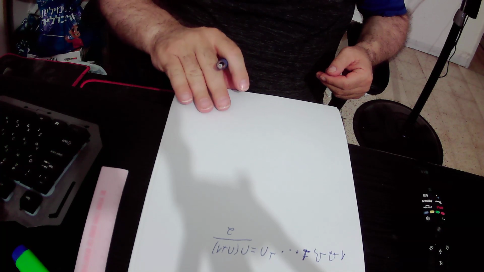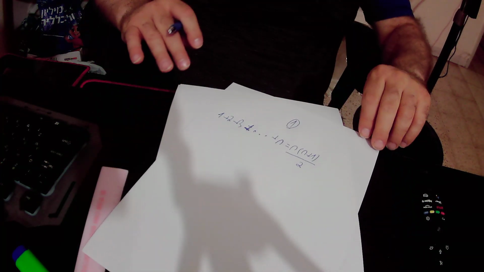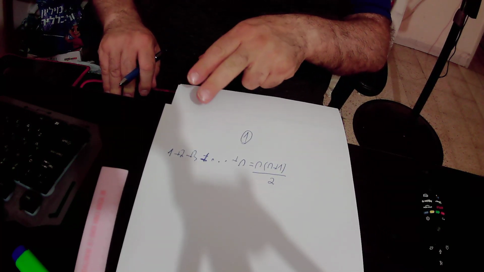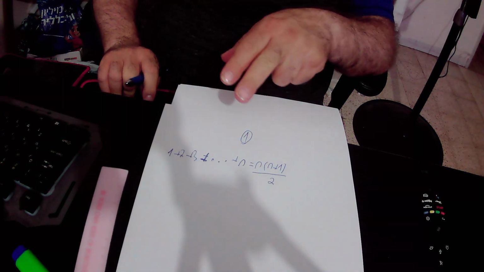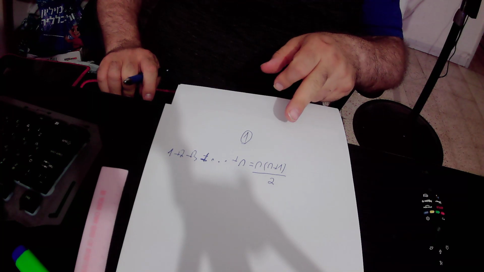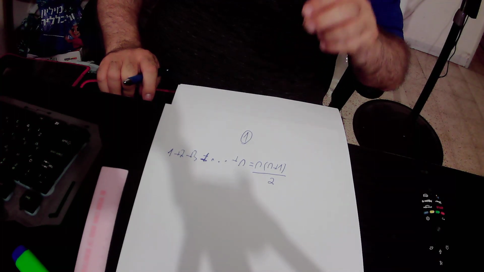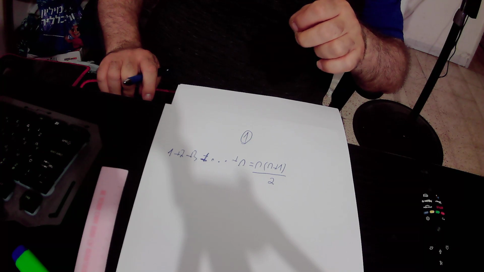So we actually have to prove that 1 plus 2 plus 3 plus 4 plus n equals n times n plus 1 divided by 2, and that this statement is true for all the natural numbers.